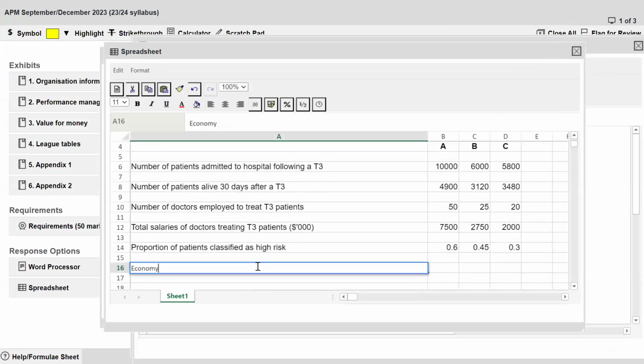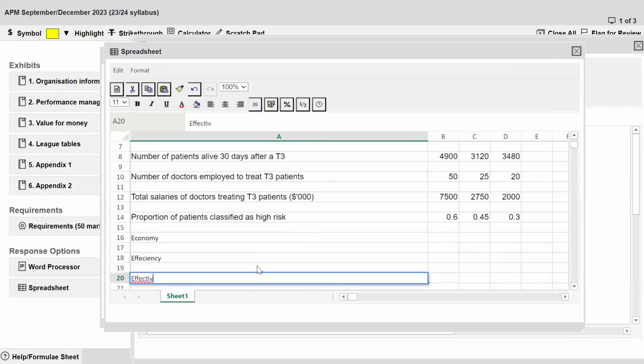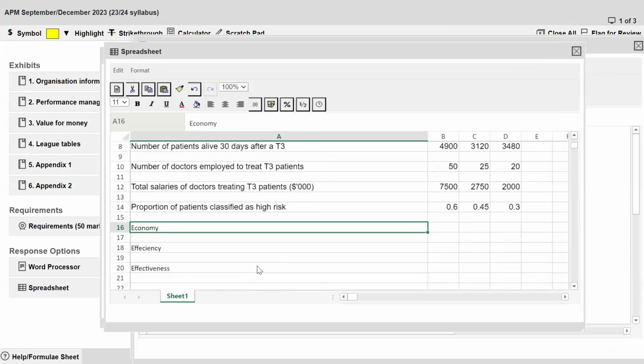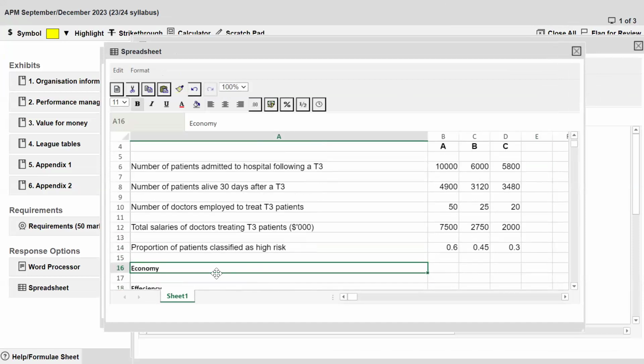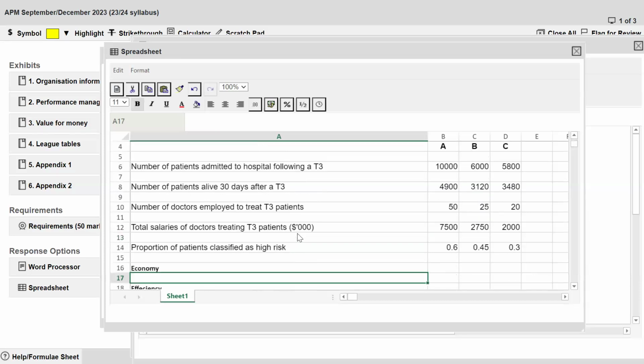So there is economy, efficiency, and effectiveness. I'm trying to establish the economy like this: salary per doctor.